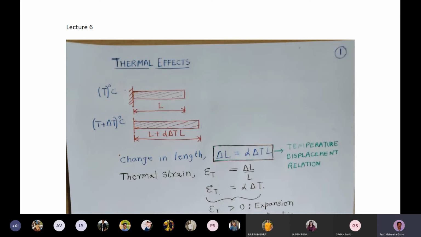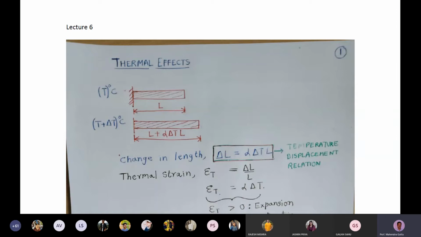You have studied in your earlier classes that temperature changes produce elongations or contractions in the structural components. Usually when you increase the temperature, the body will expand, and if the body is allowed to expand, there will be no stresses produced.